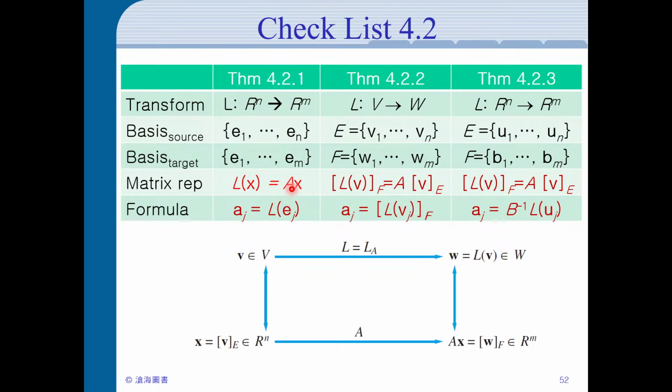How you find this matrix is that every column of the matrix comes from the basis vectors. So you take the standard basis of your Rn, and the results are the column vectors of your transformation matrix, one by one.